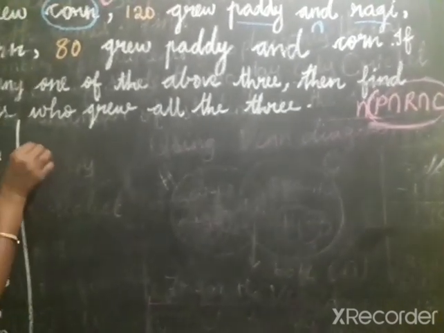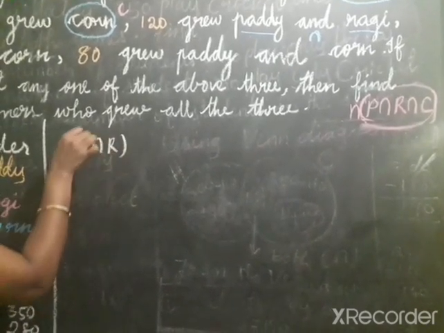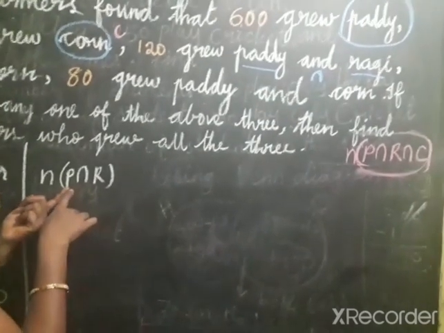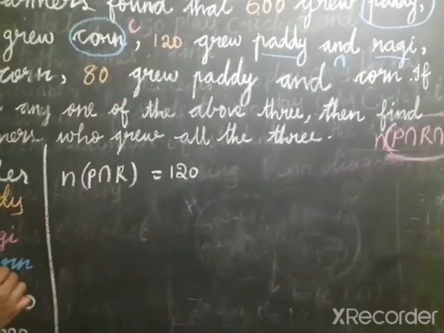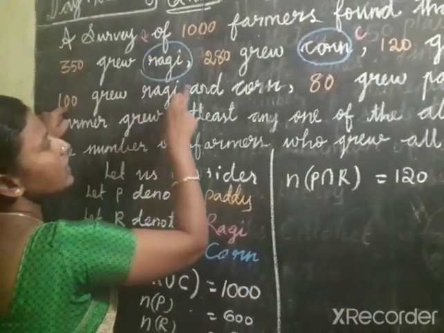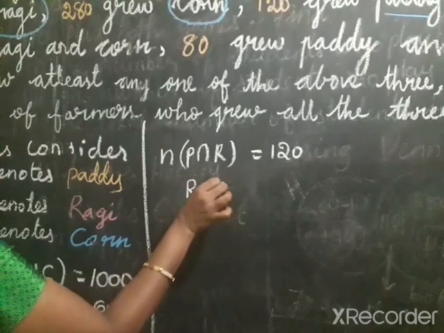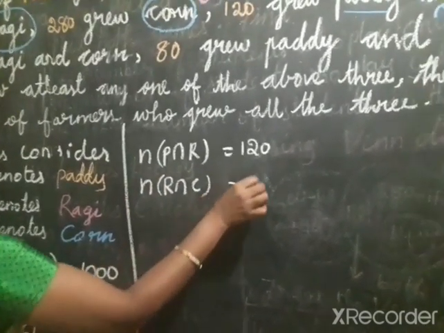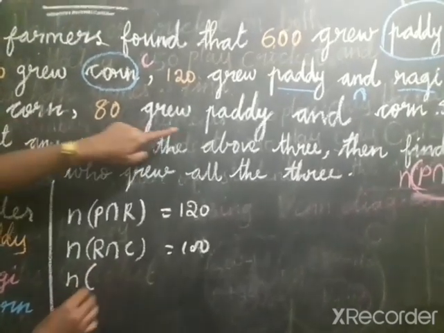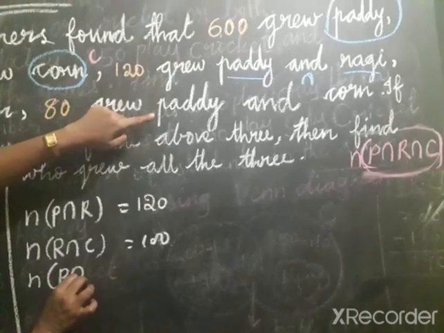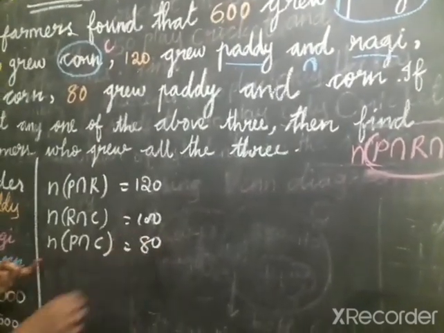So we write n of P intersection R is 120. Next, 100 farmers grew ragi and corn, so n of R intersection C is 100. And 80 farmers grew paddy and corn, so n of P intersection C is 80.